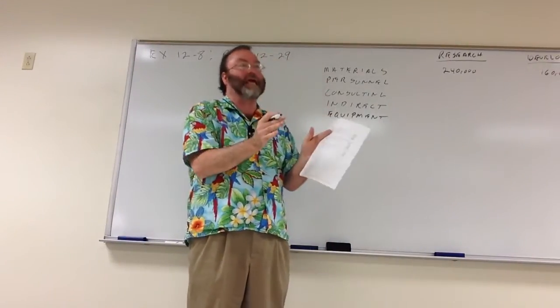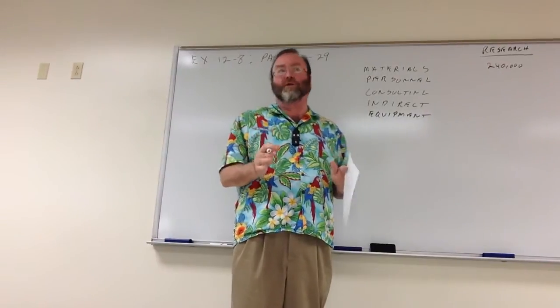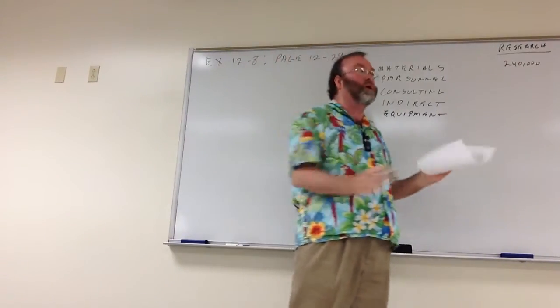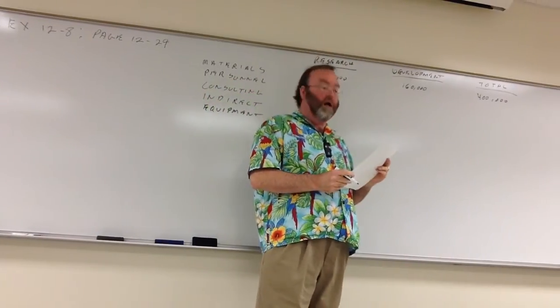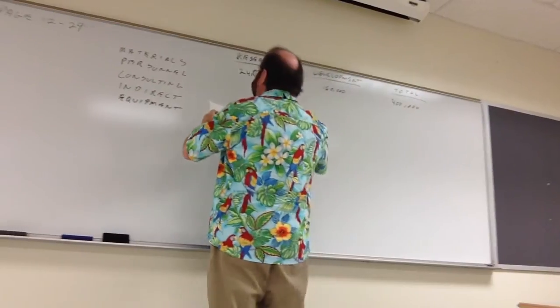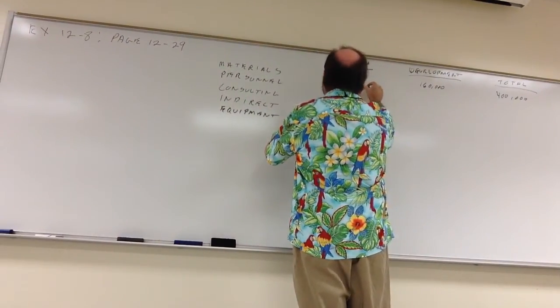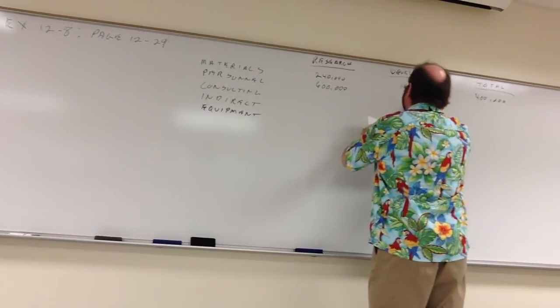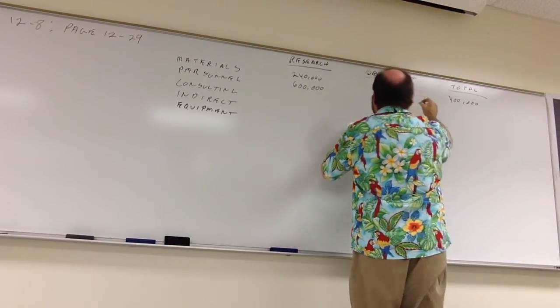Development is taking those identified opportunities and actually converting them into a commercially viable endeavor. So for research, we've got 600 in personnel cost with an additional 400 for development.